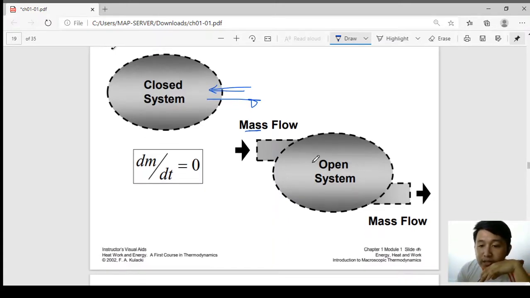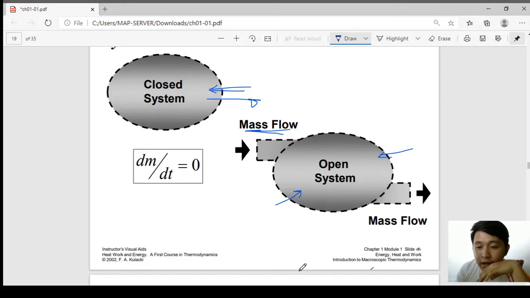That is the difference with an open system. In a closed system, there is energy flow but no mass flow. In an open system, there is both mass flow and energy flow.